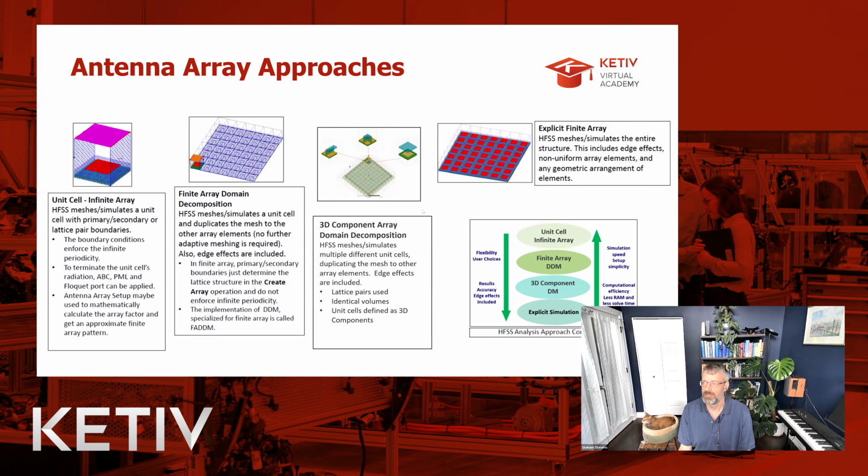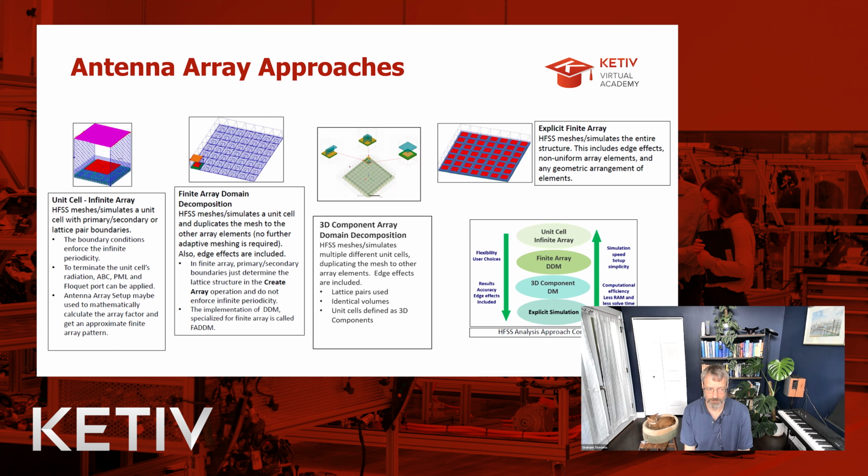This slide gives a broad overview of these different antenna array approaches. On the left, we have the unit cell infinite array approach. In this approach, we take a unit cell for the antenna and we assume that it goes off to infinity.